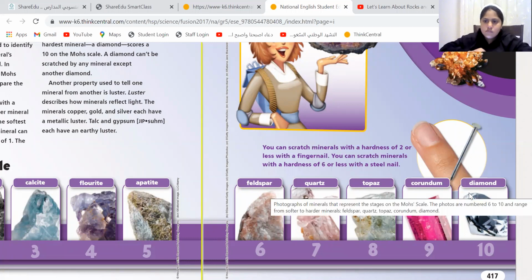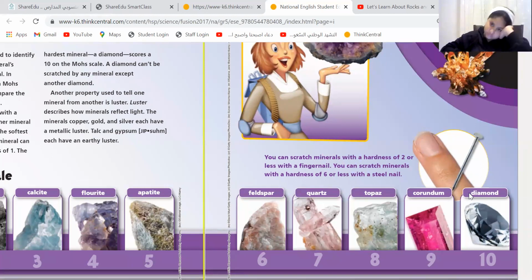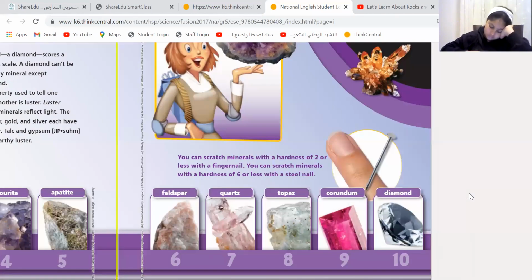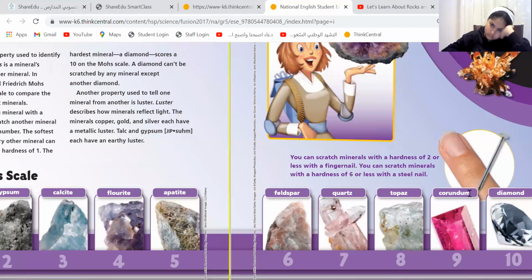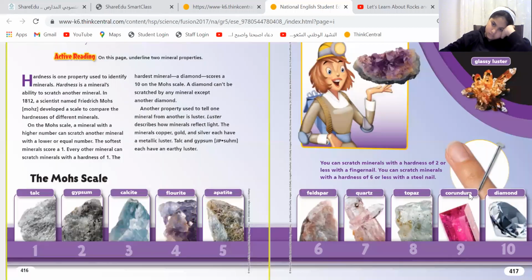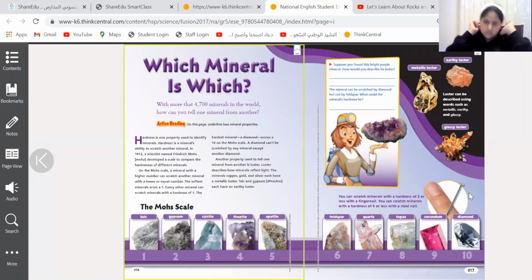What about a diamond? How can we scratch a diamond? Do you know, or have you ever heard how they can scratch a diamond? No. Scratching a diamond is not really easy. They need something really hard to scratch a diamond, maybe another diamond, because it's really hard. Very, very hard and not really easy.